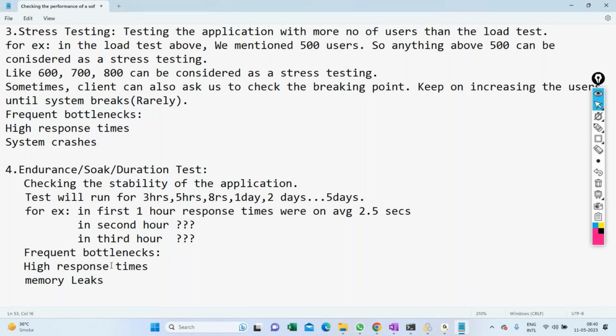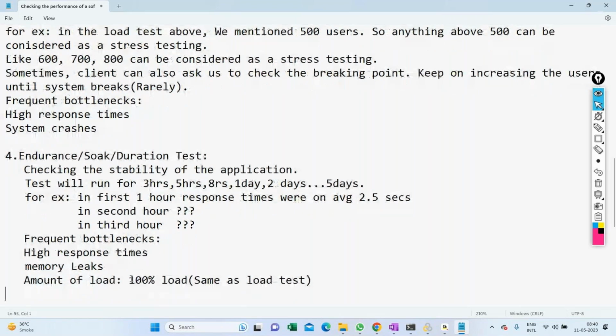Any questions? One more thing is, what is the amount of load that you have to apply? See, in some projects they go with 100% of the load. That means same as load test. In some projects they will go with 75% of the load.